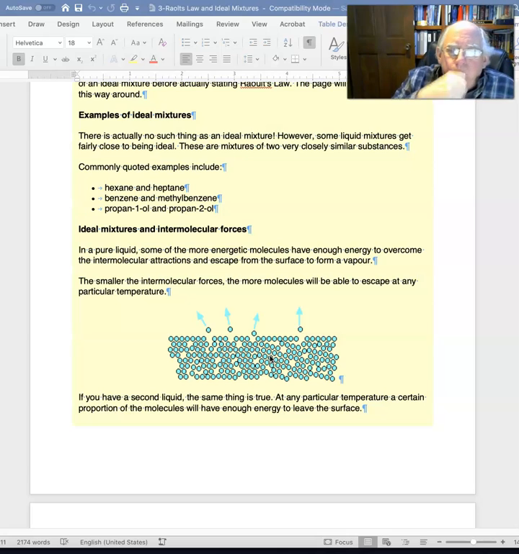So one can think of the evaporation process, or the saturation pressure above the surface of a liquid, as being directly related to the intermolecular forces between the molecules in the liquid phase, and how that is a function of temperature.